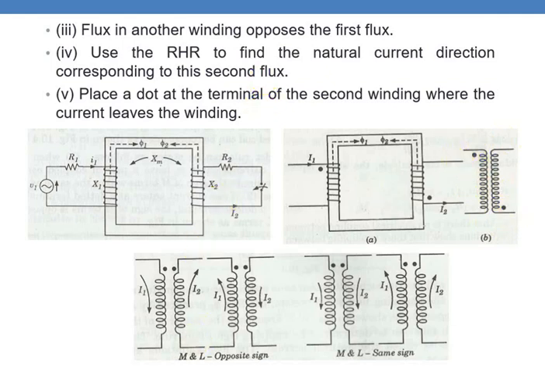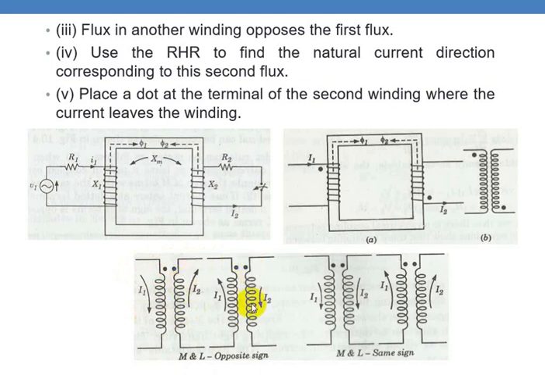Okay. Now the polarity of the voltages in self-inductance and mutual inductance. Let us consider these two cases. In these two cases, the current is entering one winding at a dotted terminal and leaving the other at a dotted terminal. You can see here I1 is entering the dot and I2 is leaving the dot.